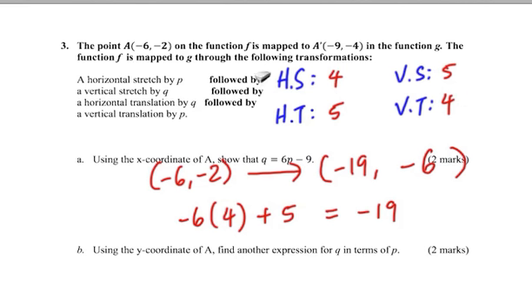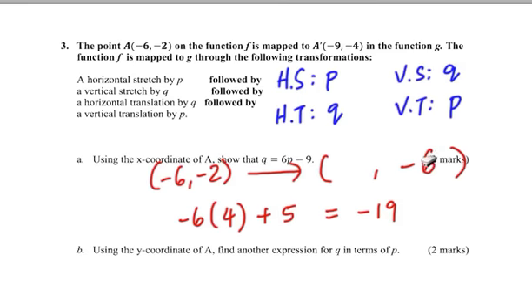Now, let's change things. Well, we don't have those values. We have P, Q, Q, P. So let's say that's P, that's Q, and that's Q, that's P. The other thing that we know is that this is not the point. It's mapped to -9, -4.